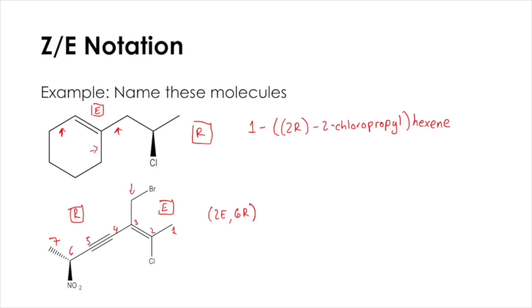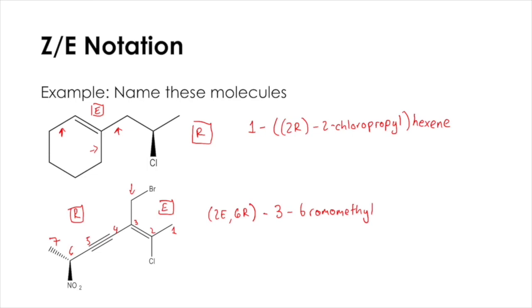This substituent is essentially a bromomethyl. And so we have 3 bromomethyl. You don't necessarily have to put that one in parentheses because 1 bromomethyl is not necessary since bromine is always on the first carbon of the methyl. So that's fine.